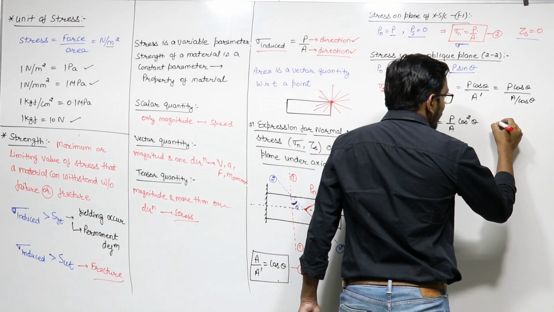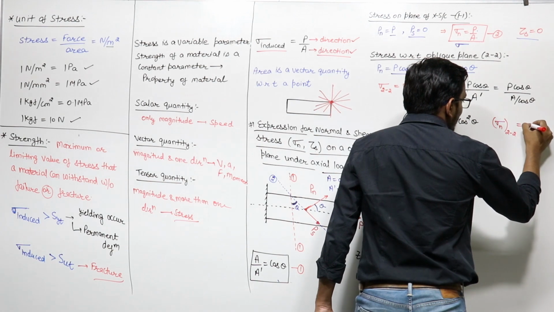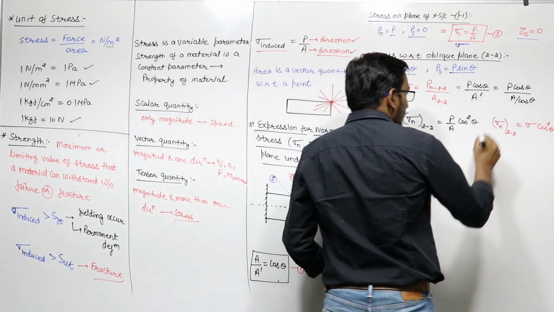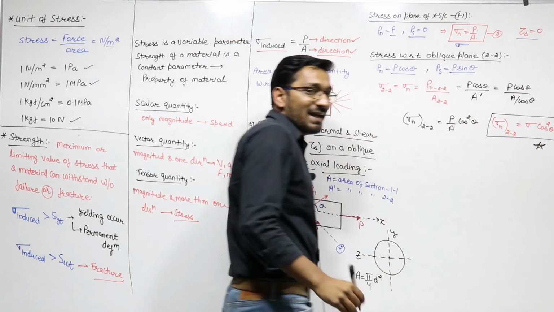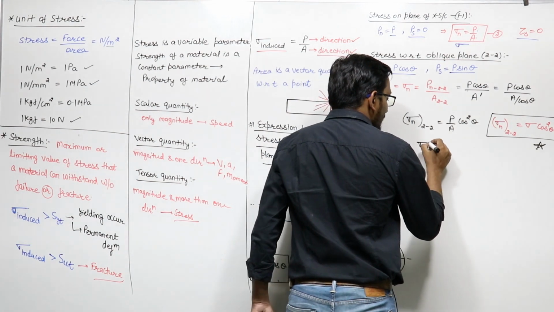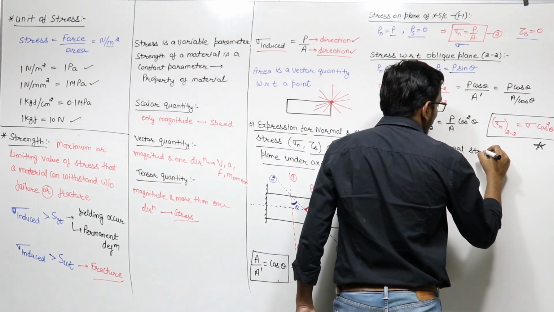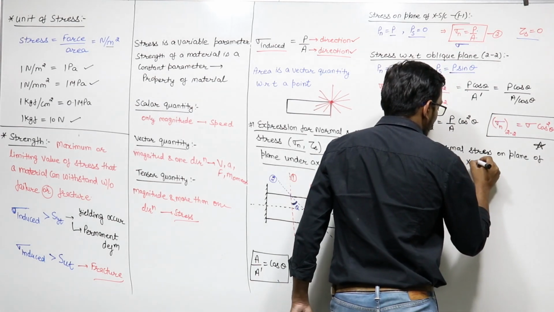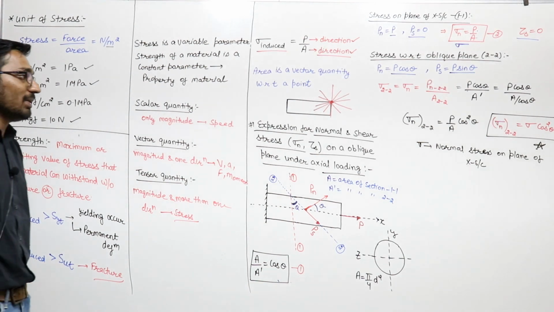So sigma n at section 2 is sigma into cos square theta. Sigma is the normal stress on the plane of cross section. This is sigma cos square theta, the normal stress on this oblique plane.